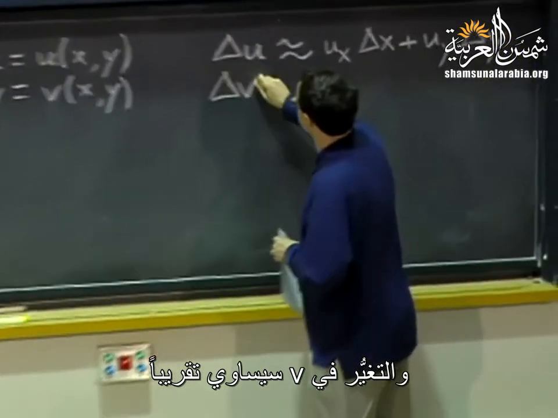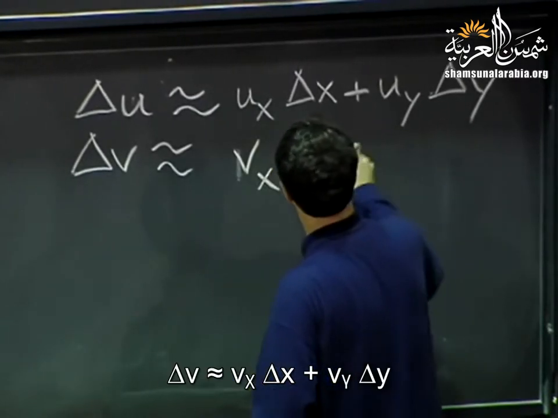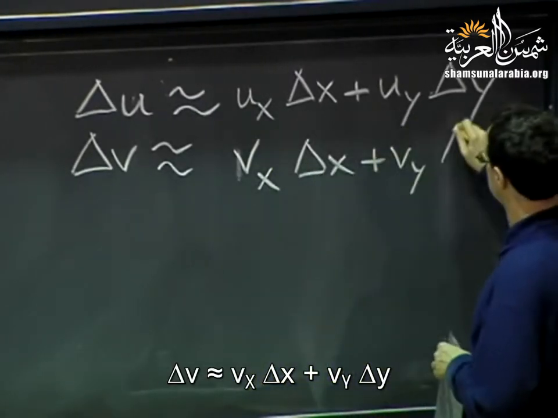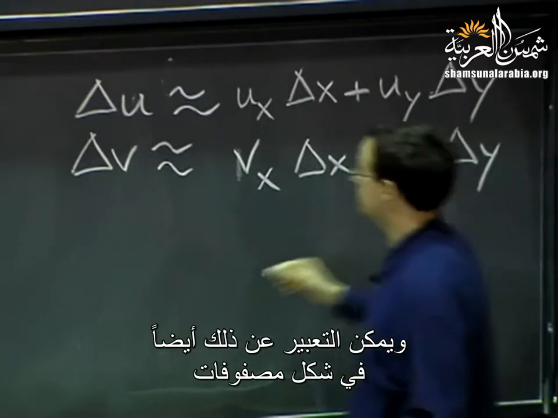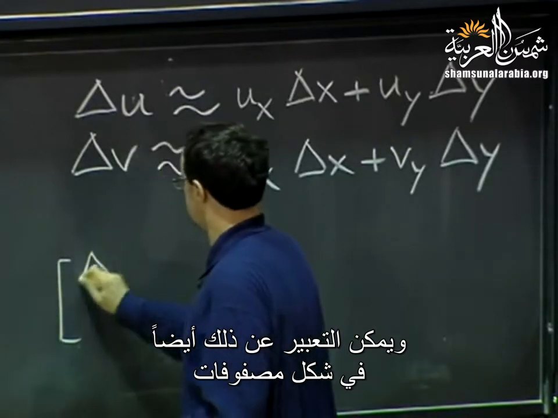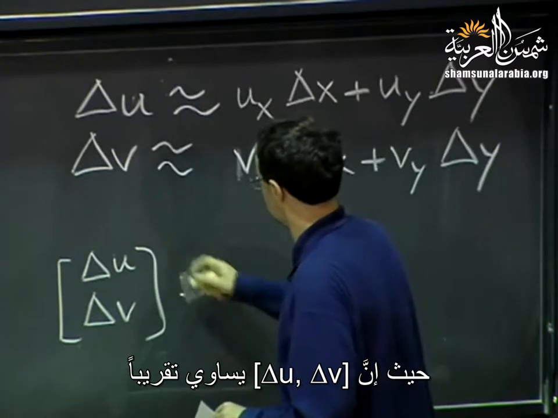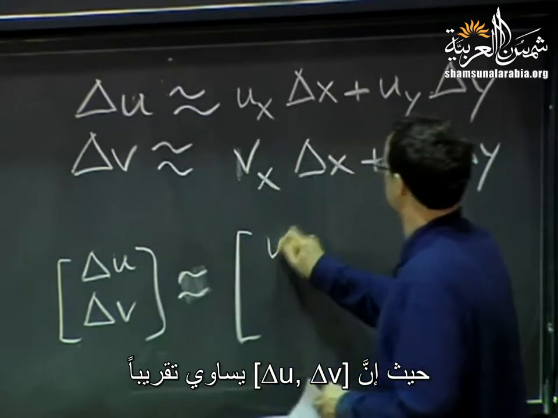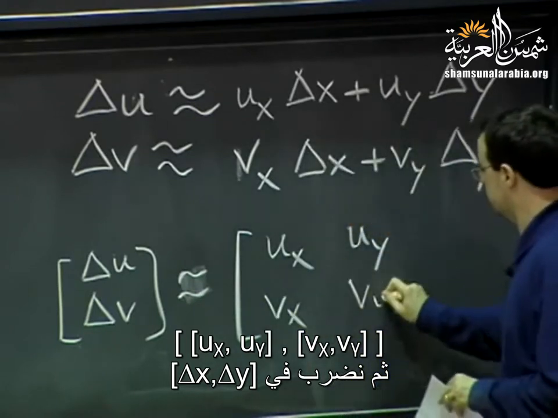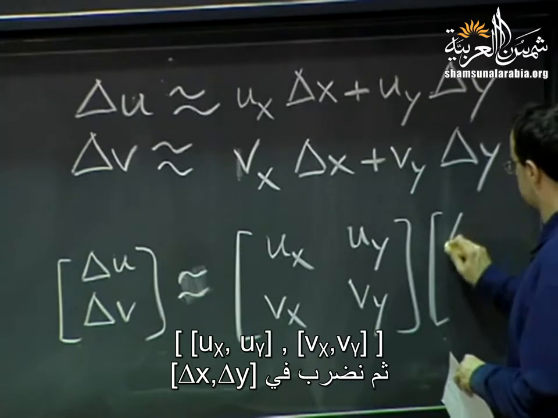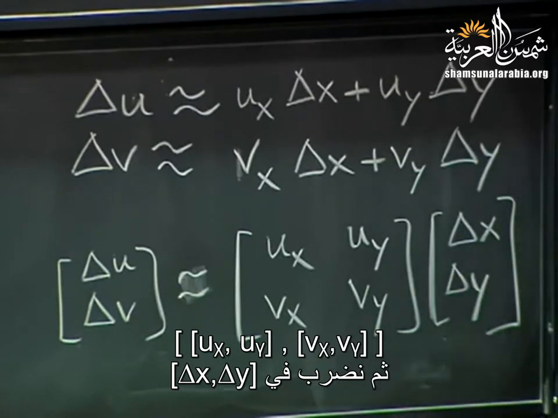And the change in v will be roughly v sub x delta x plus v sub y delta y. Or the other way to say it, in matrix form, is delta u delta v is approximately equal to the matrix u sub x, u sub y, v sub x, v sub y times delta x and delta y. Okay?